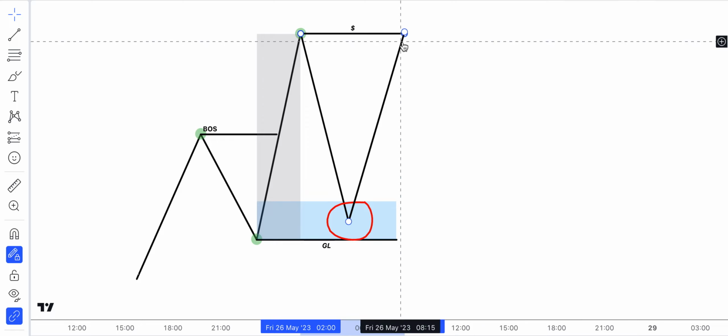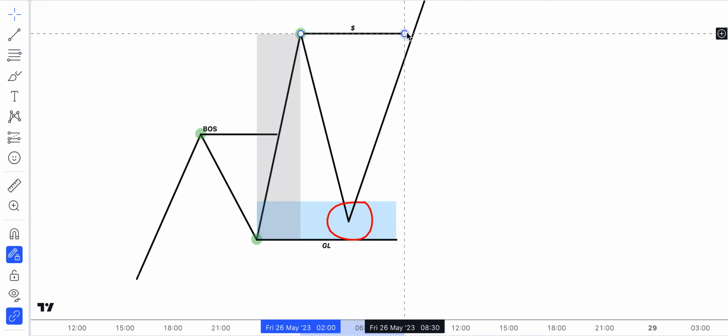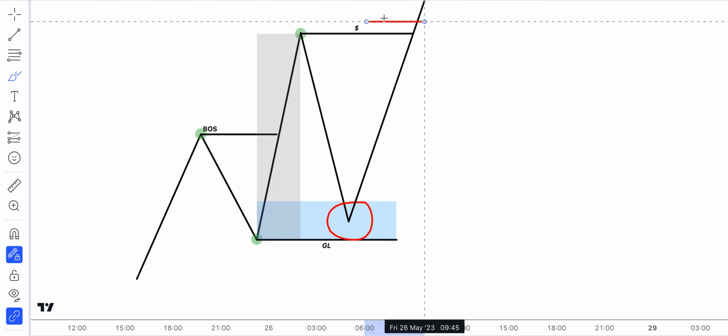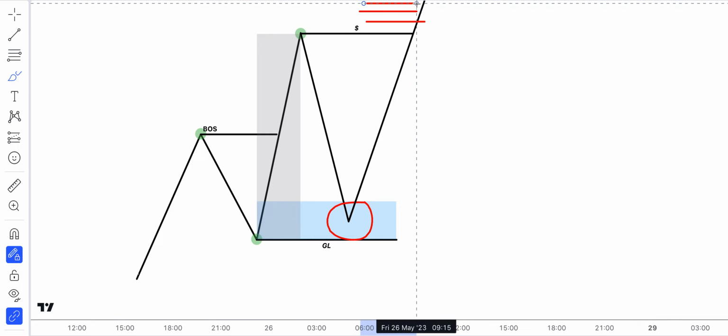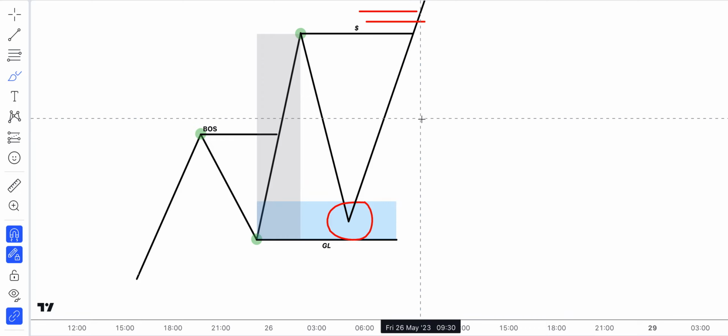And we're also going to be looking for some further continuation to the upside, reaching for all of the liquidity that lies above the equal high here. Okay, so equal high is a first TP and then further continuation.